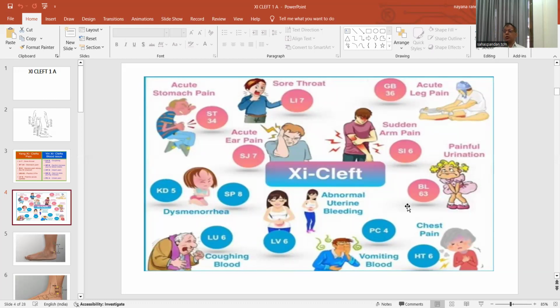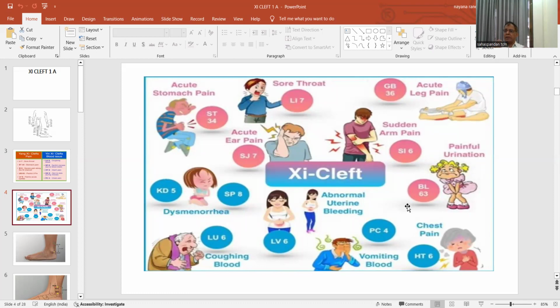Acute pain in the shoulder and scapula, and eye disease with pain. And bladder 63. Bladder 63 is for painful hernia-like disorder. If someone has a painful hernia, use bladder 63.